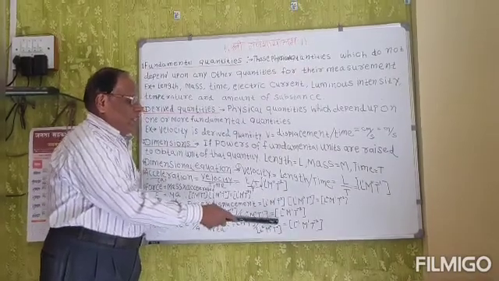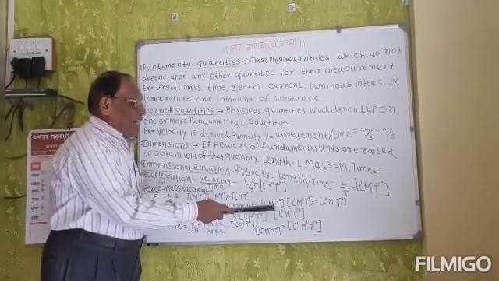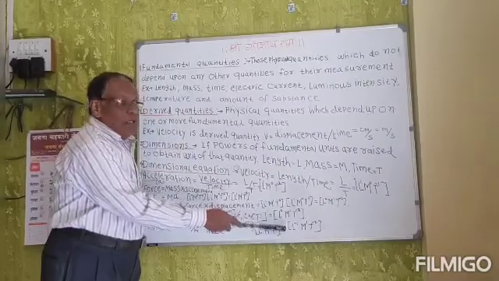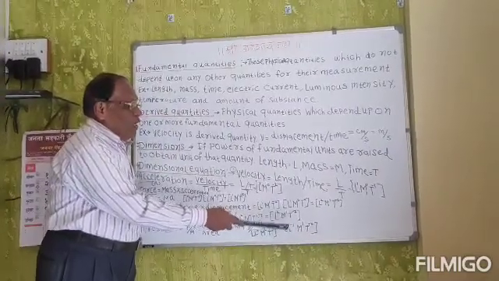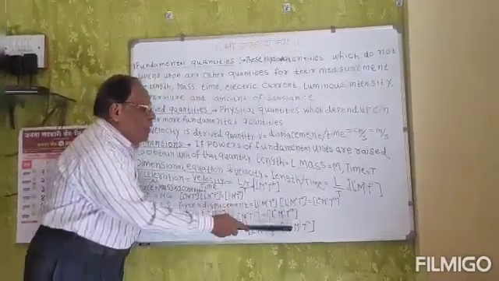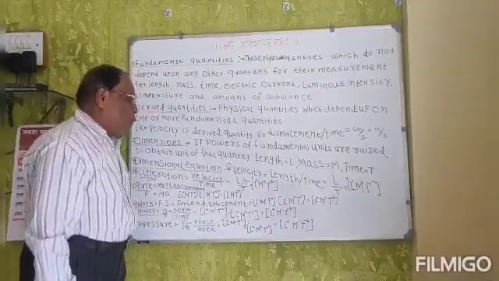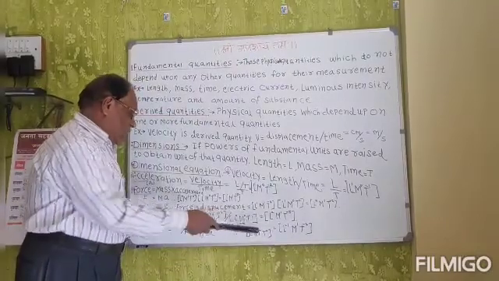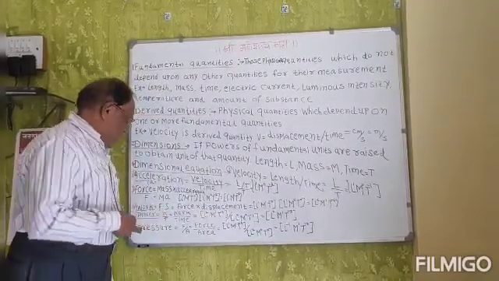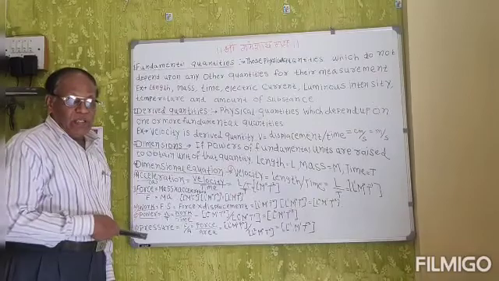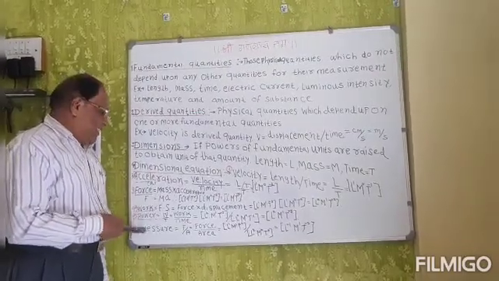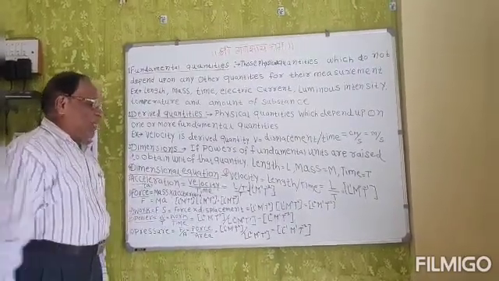Simplifying, we get, in square bracket, length to the power minus 1, mass to the power 1 and time to the power minus 2. This is the dimensional equation of pressure.